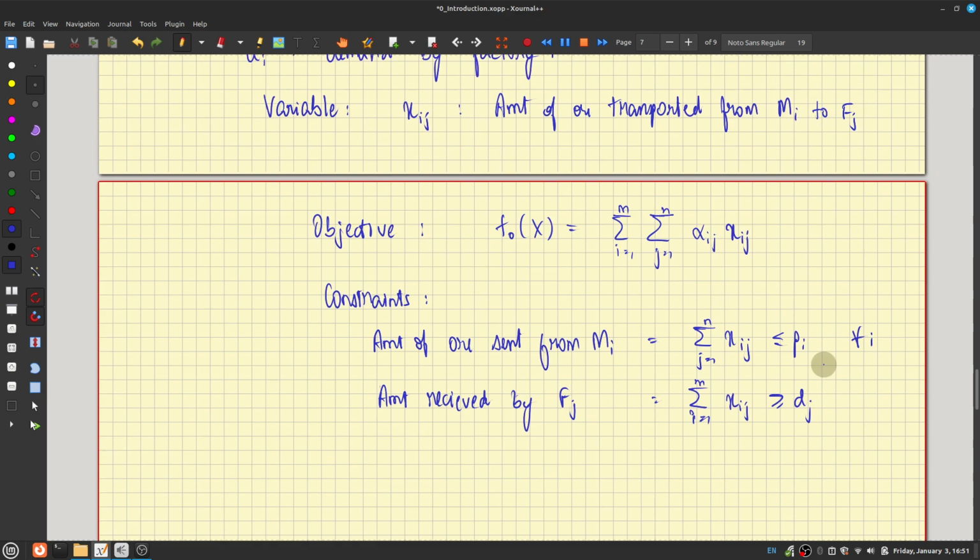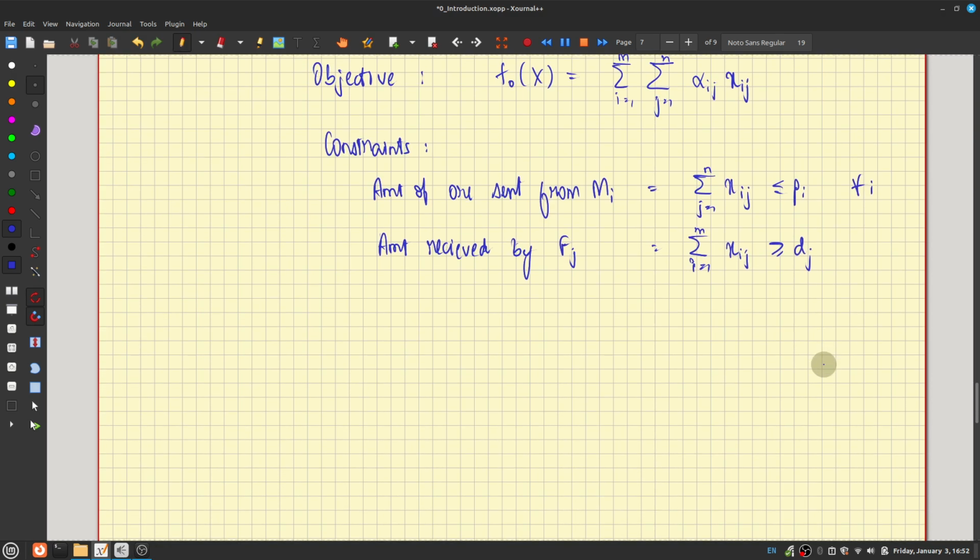All right, so this is the objective. So now I have a complete mathematical optimization problem, right? So how would I pose it? First, the variable is a matrix, assuming that there are m mines and n factories.